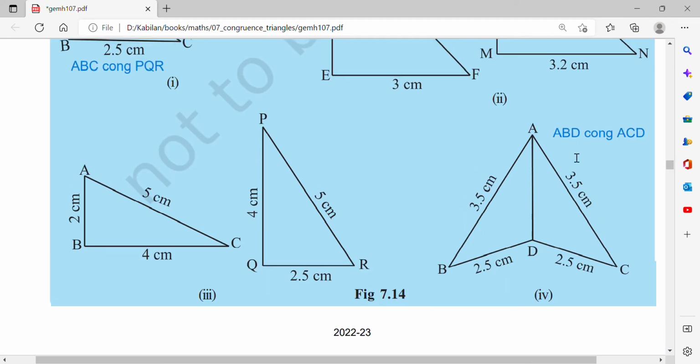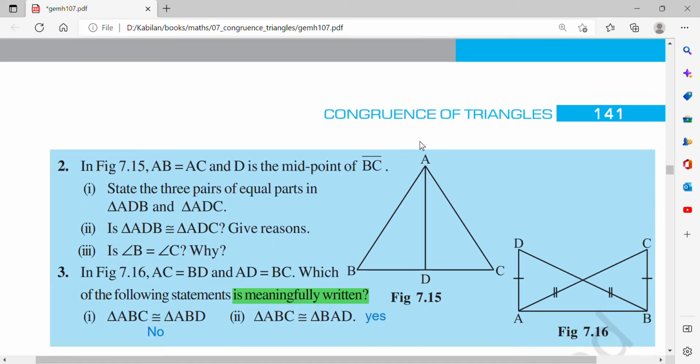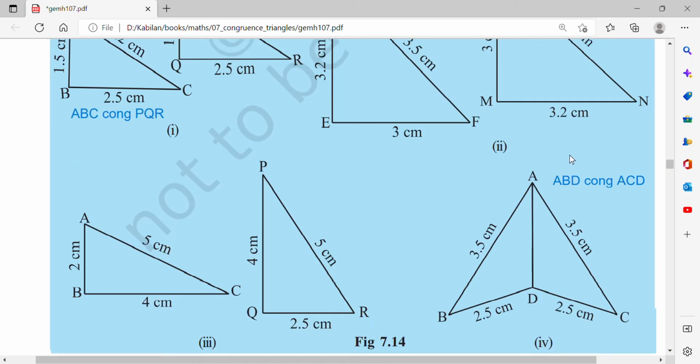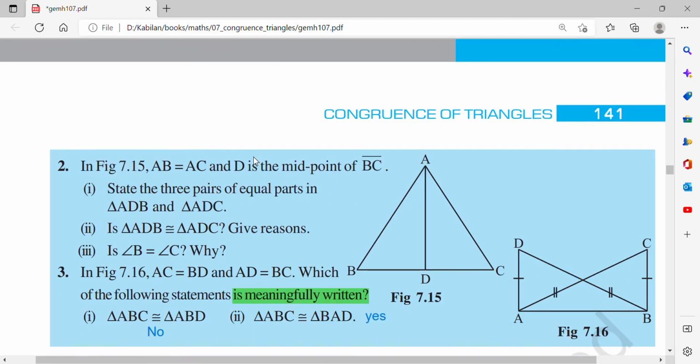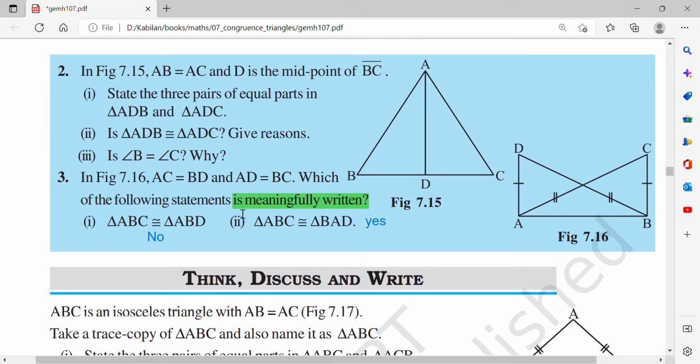So here you should write ABD congruent to ACD. ABD, ACD, these are congruent. You should write the symbol. I'm just putting the word, you should actually write the congruent symbol. Here they are asking whether ABC congruent to ABD is meaningful. No, this is not meaningful.